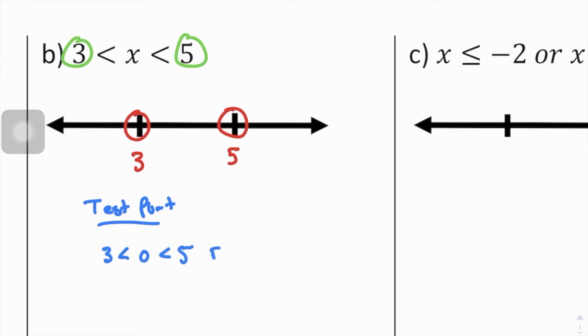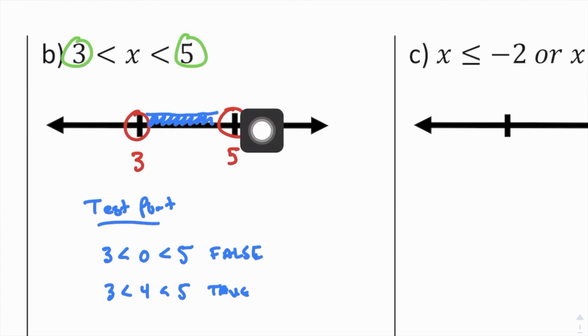That's false. So I want to keep going until I can find something true. A number between 3 and 5 would be 4. So is 3 less than 4, and is 4 less than 5? That's true. So I'm going to shade in that part. If you want to verify, you could pick something over here. Is 3 less than 6, and is 6 less than 5? That's false, because 6 is not less than 5. So done.